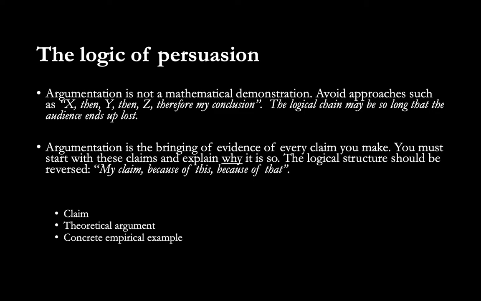The first risk is that the logical chain onto your claim may be so long that the audience could be lost at some stage, that they could not really know where you're trying to take them or what it is you're trying to say. The second risk is that of not being able to finish, of not being able to eventually make your claim. And this is because time is severely limited.